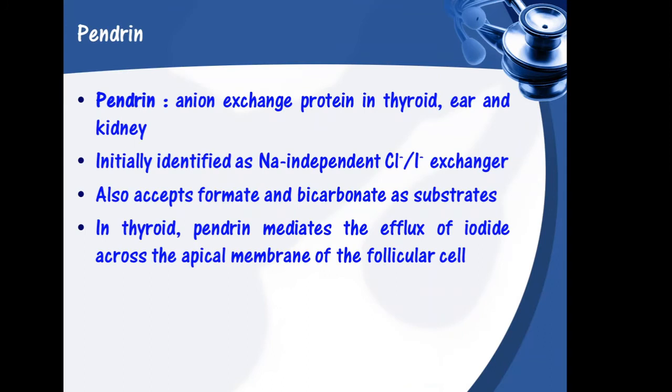So Pendrin is an anion exchange protein found in the thyroid, ear and the kidney, and it was initially identified as a sodium independent chloride iodide exchanger. Also, it can also accept formate and bicarbonate as substrates. So in the thyroid, pendrin mediates the efflux of iodine across the apical membrane of the follicular cell.